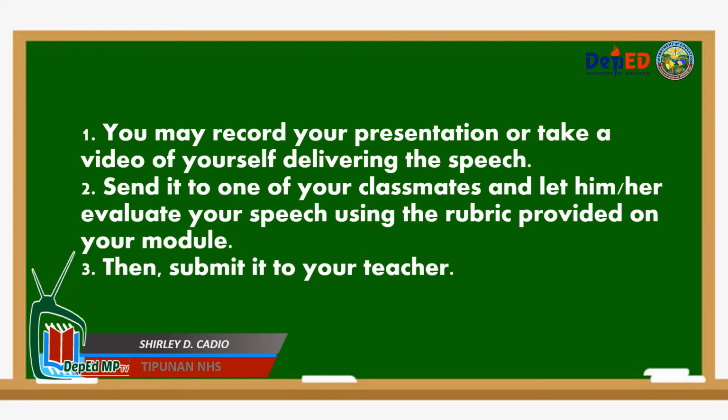First, you may record your presentation or take a video of yourself delivering the speech. Second, send it to one of your classmates and let him or her evaluate your speech using the rubric provided on your module. And then, submit it to your teacher.